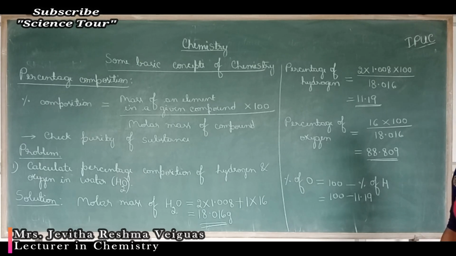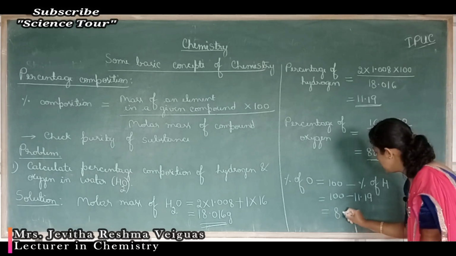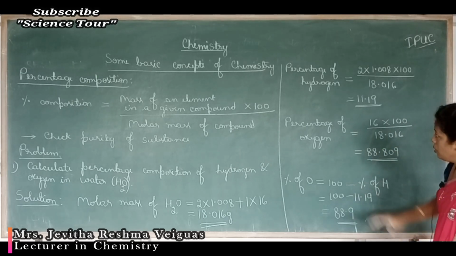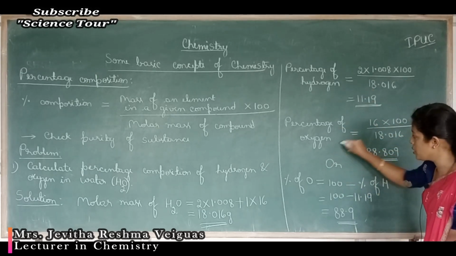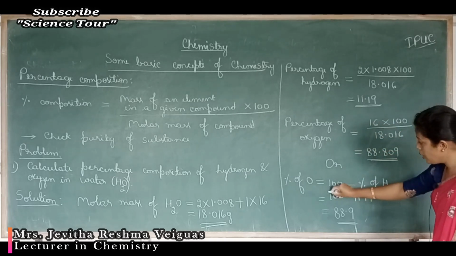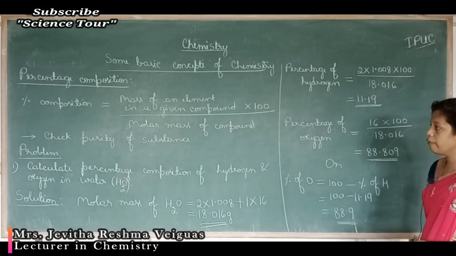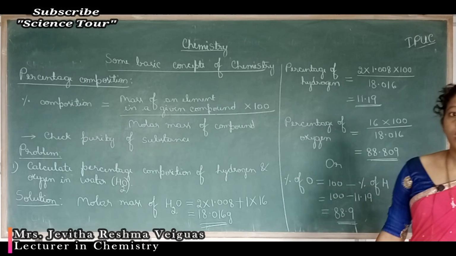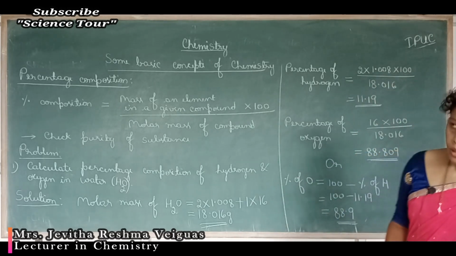That is 100 minus 11.19, equal to 88.9. See, it is almost equal to this. So you can calculate the percentage of oxygen by this method, or you can do 100 minus percentage of hydrogen. That also will give you the percentage of oxygen. So this is how you can calculate percentage composition of elements in the given compound.